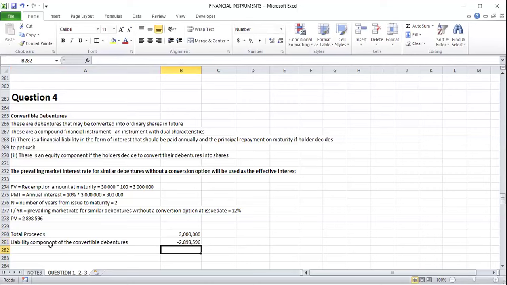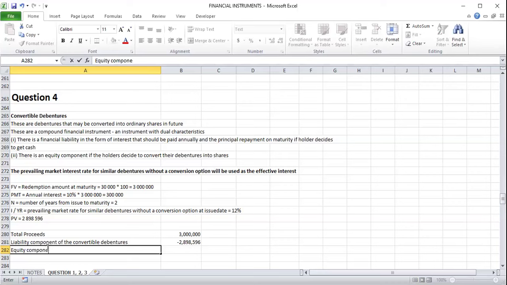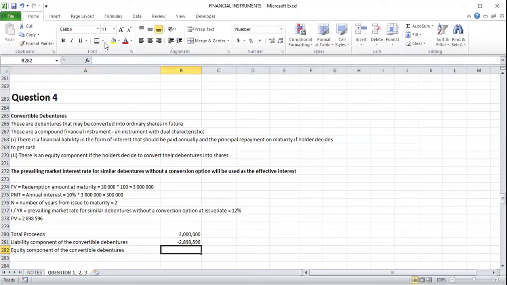Then the equity component is the difference. So of the 3 million that we received, 2,898,596 is a liability and 101,404 is equity.